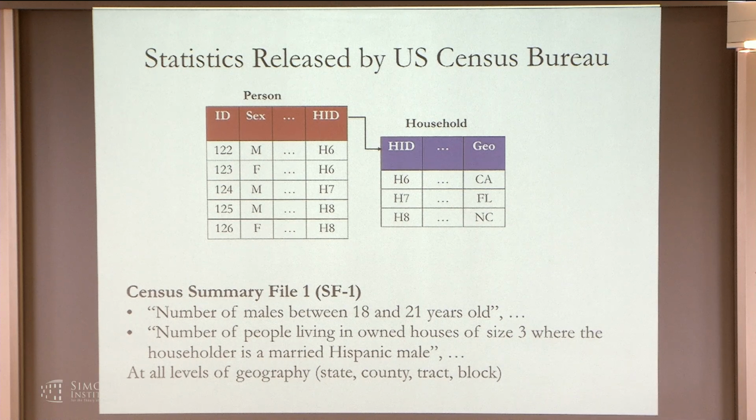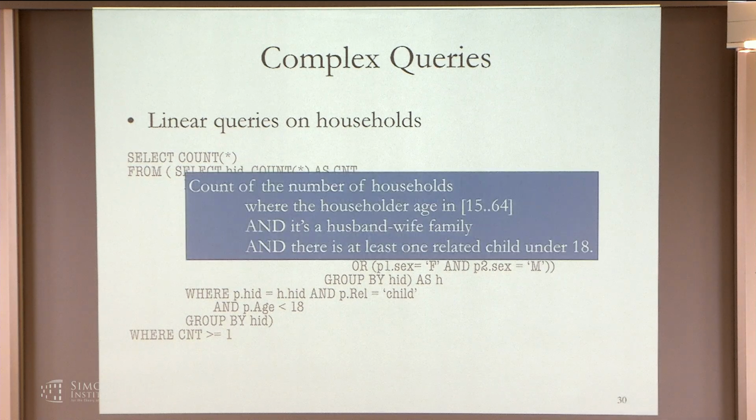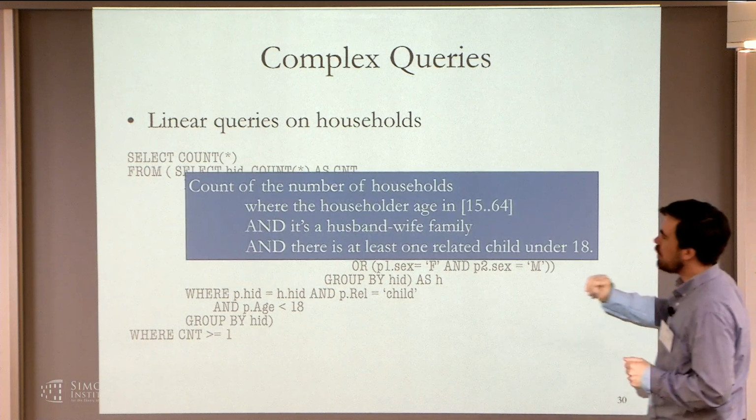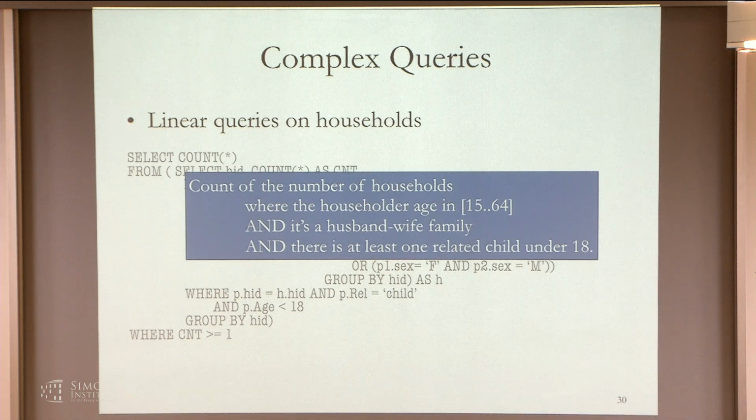When you try to formalize these as SQL queries, I won't expect you to digest all of this, but these queries get quite complicated. This one is actually just a linear query on the household, counting up the number of households that satisfy certain properties.